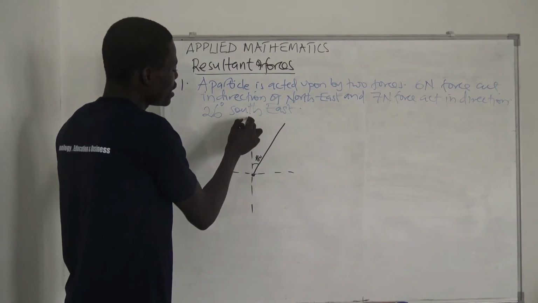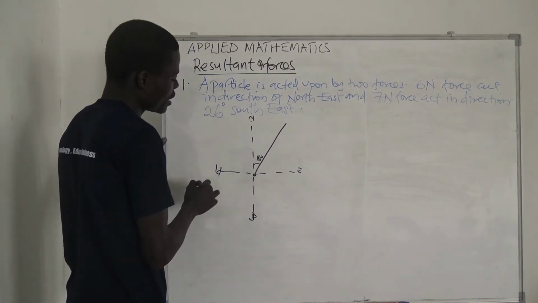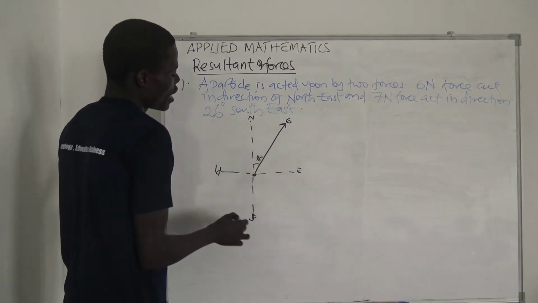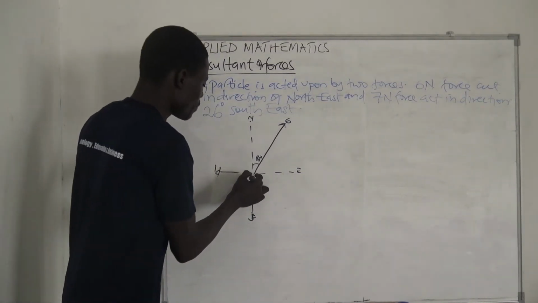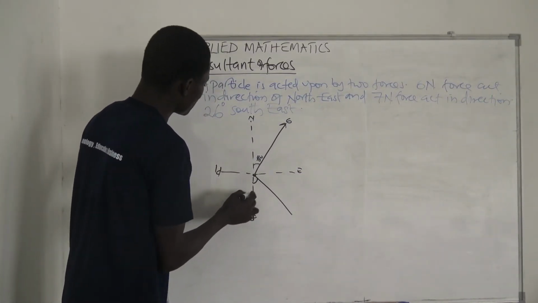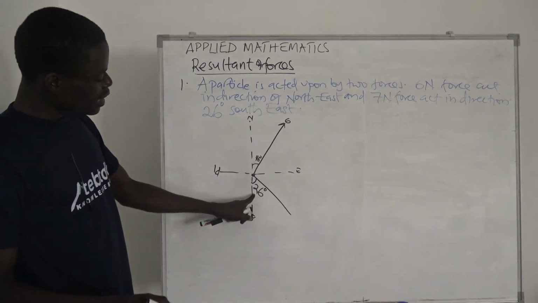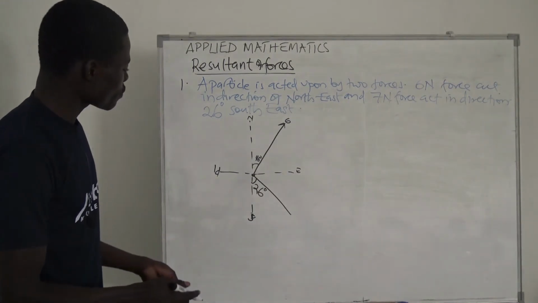And then this one is our north, this is our east, this is our west, south. So this is force of 6. And then I've said force of 7 acts 26 degrees south east, implying it is 26 degrees as you come from south to east.